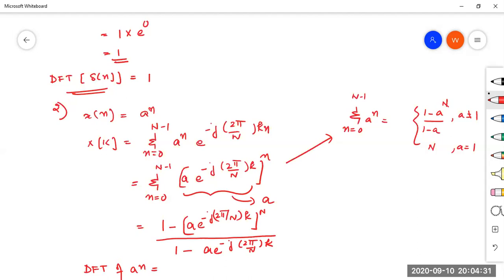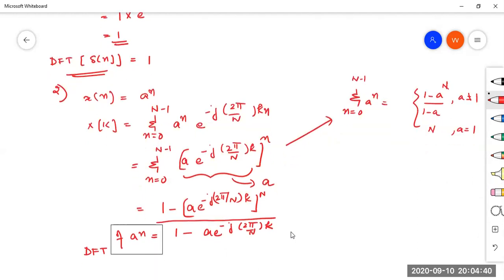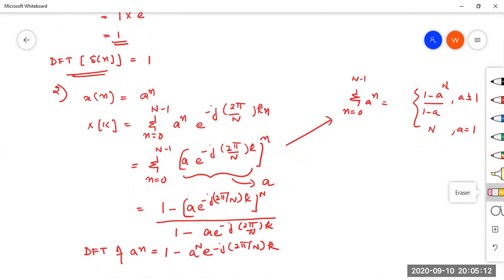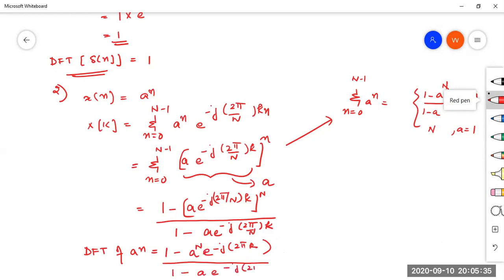It is 1 minus a raised to N, you can write e raised to minus j 2 pi by N k into N, and N and N will cancel, so 2 pi by N becomes 2 pi into k, divided by 1 minus a e raised to minus j 2 pi divided by N k.